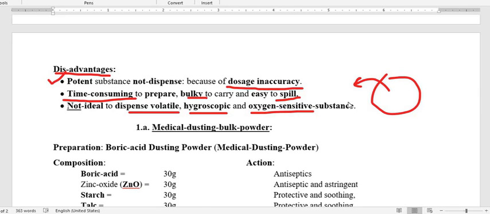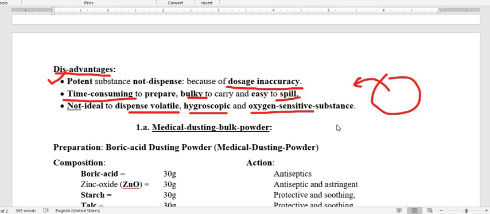If the compound is volatile and you make it powder, it gets volatilized and escapes. When it is hygroscopic, while making the powder it absorbs water from the surrounding, so it becomes wet. If the compound is oxygen sensitive, more surface area is available to oxidize, so this is also not good. So these are the disadvantages of the powders.